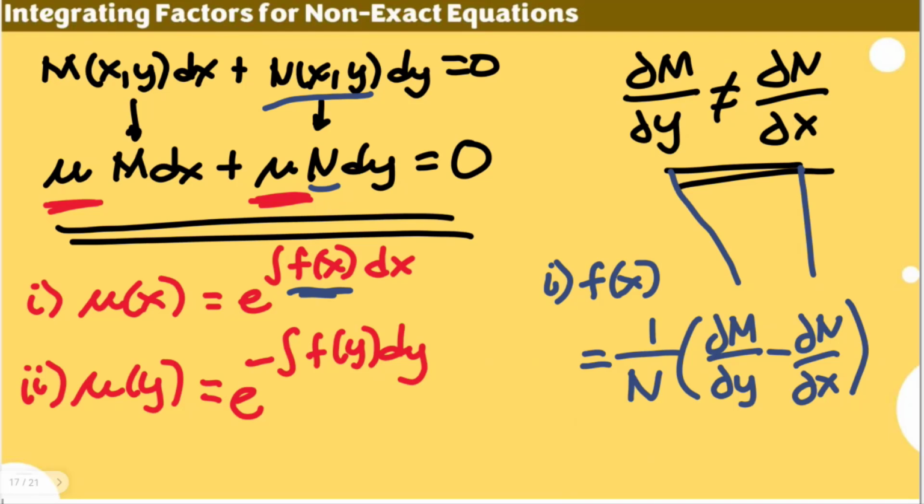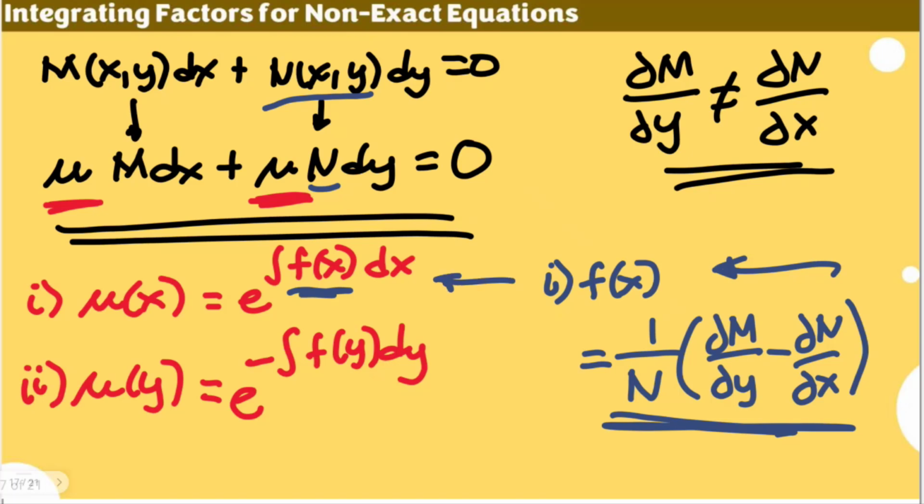But if it's not exact, we'll have this form here. This will only be possible if the result of this is a function of x. If it is, we can use this integrating factor to be multiplied in our original equation to solve it by the exact process. We also have a video discussing the process of solving exact equations.